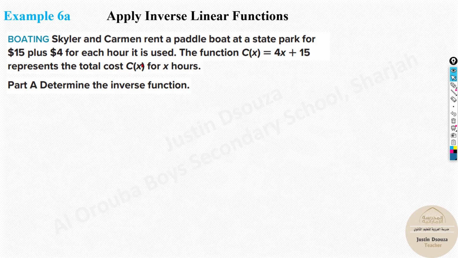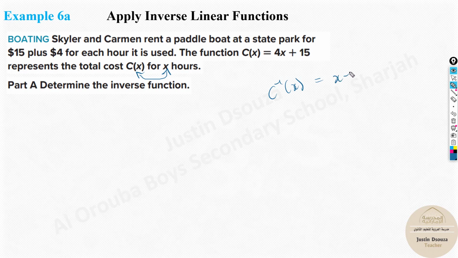Now here we need to find the inverse of this. The total cost c of x, and x is the number of hours, right? We will find the inverse. Before we do this, what happens when you do an inverse? It swaps. Don't you agree? C inverse of x equals something.